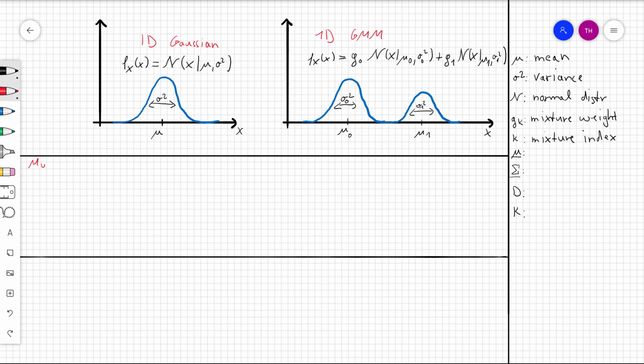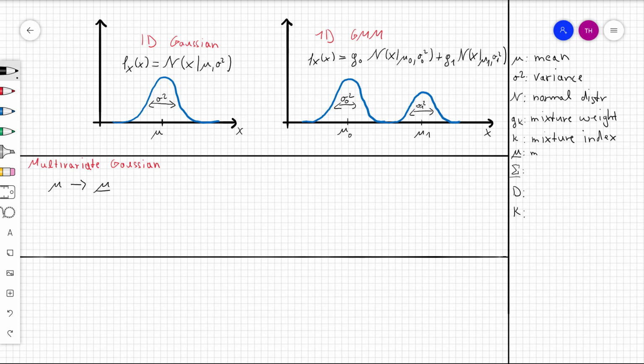To generalize the idea of a GMM, I want to now look at a multivariate Gaussian. When we go from 1D to multiple dimensions, this means that we have to go from the scalar mu to a vector mu.